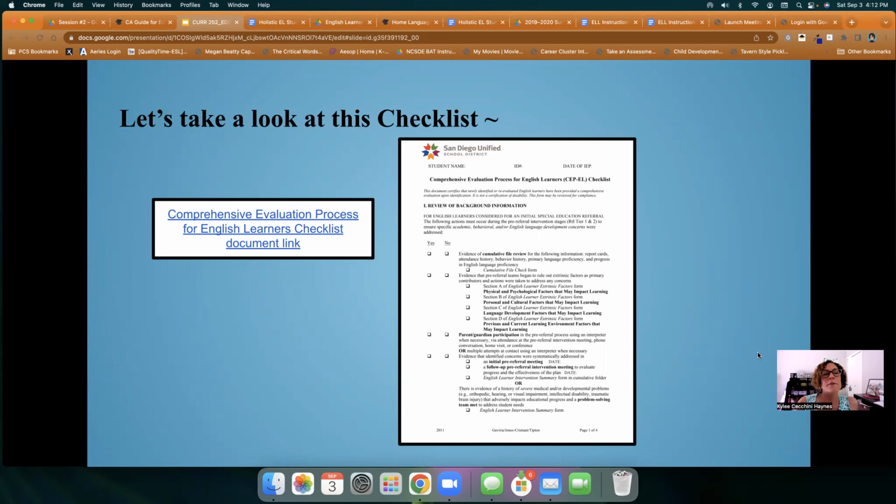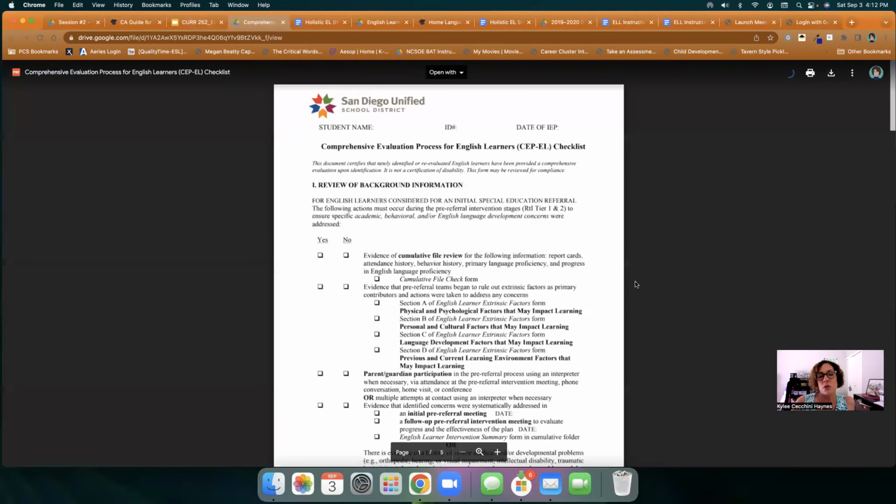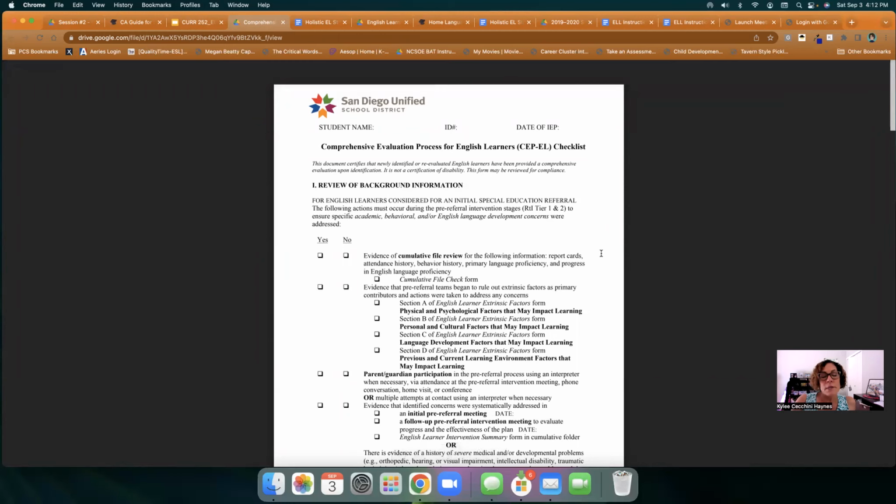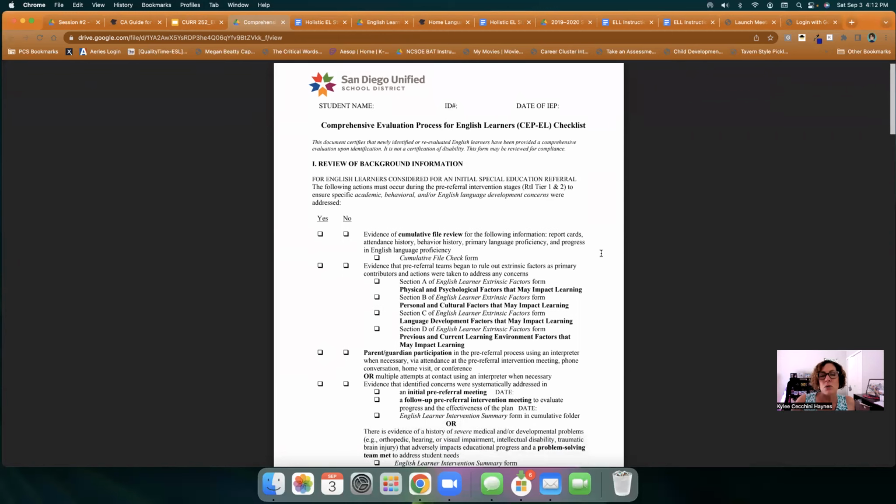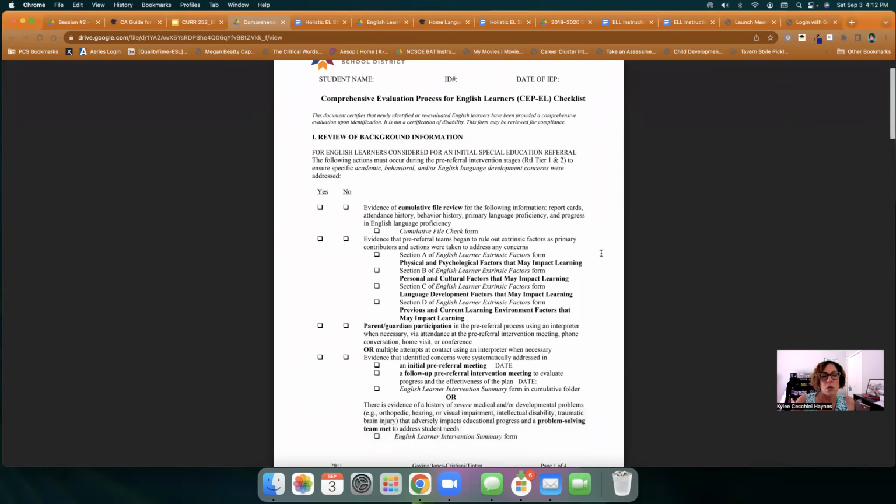So one of the things that they have here, it's linked here, and it's of course in what you'll read for your homework, is this evaluation process. So I'm going to click on this just so you can take a look. So this is something that you can use as part of the IEP team, who's going to be reviewing data and the testing and recommending or not a student into special education.